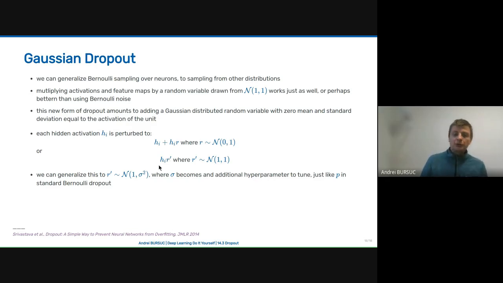The authors showed that they can generalize this by sampling from a distribution with mean 1 and variance sigma squared, where sigma becomes an additional hyperparameter to tune, just like the p in the Bernoulli case. So we can set what type of noise and how much perturbation we want to add to the Gaussian noise. Okay, so this was dropout, which was the first deep regularization technique.